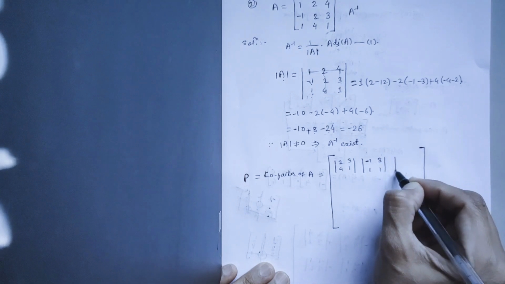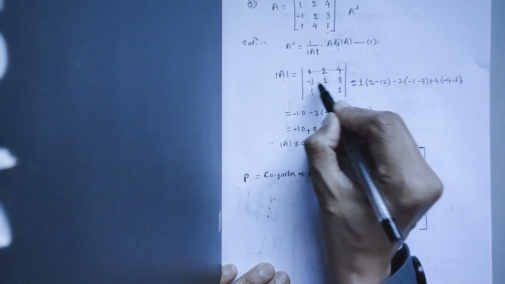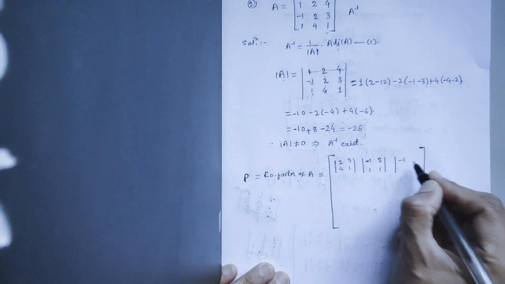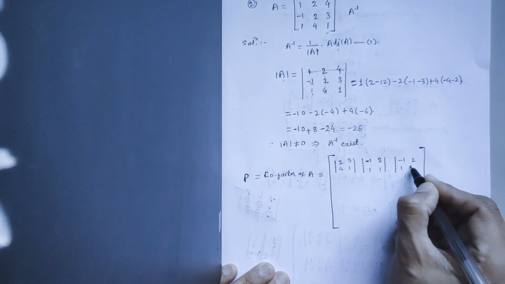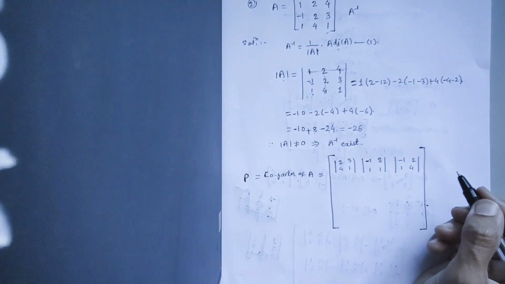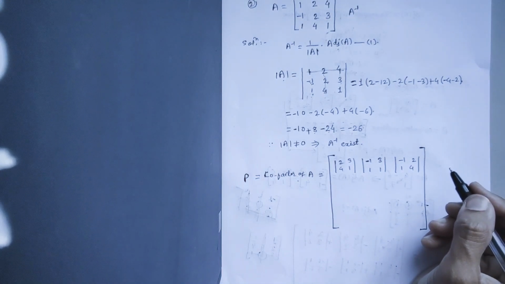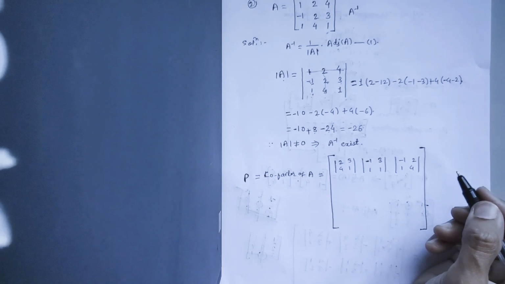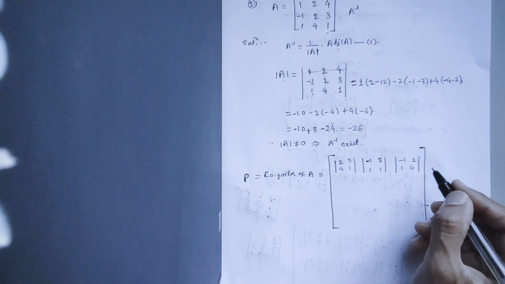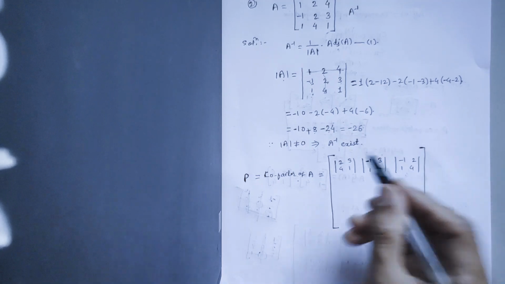For the third, minus 1, 2, 1, 4. Just to check the calculations, write very carefully, otherwise we will get some error and the final answer will be wrong. So just be careful with writing this.